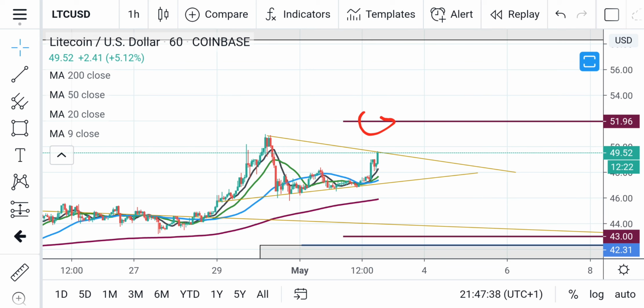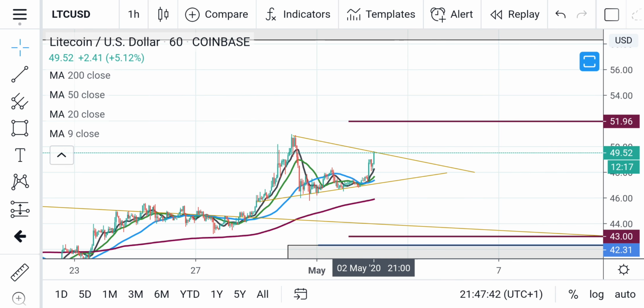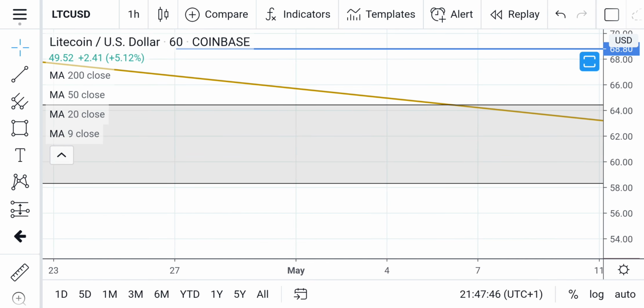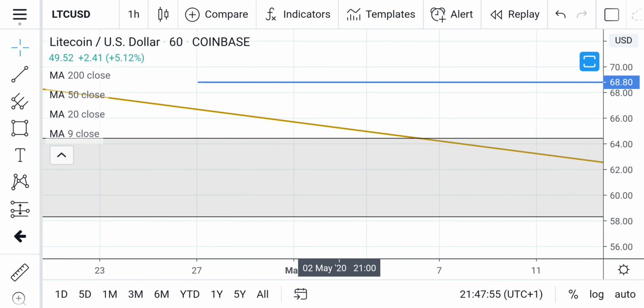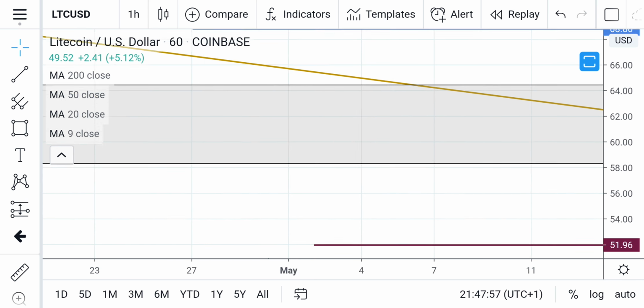Immediately the price breaks out and tests this 200-period moving average, turned support, turned resistance over here, and you can still look to take profit over here. So that's how you do your top down analysis and enter your trade.